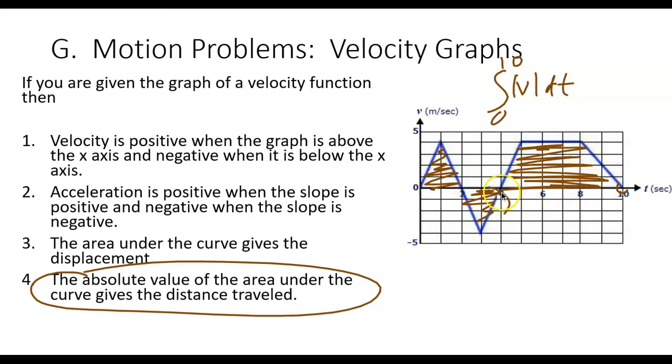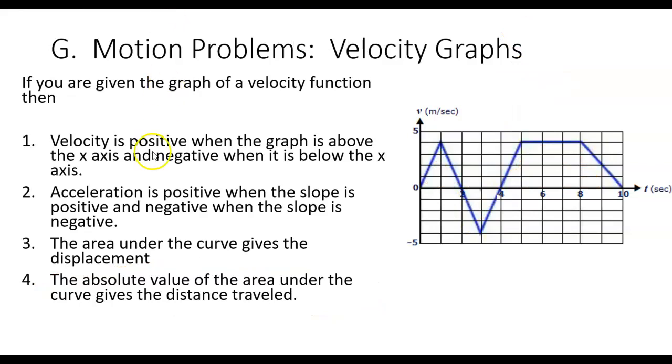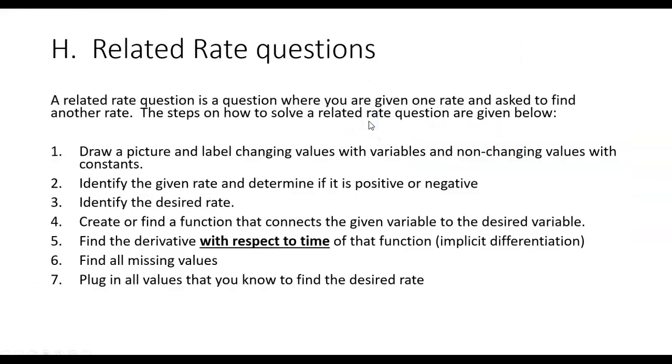And just make sure that when you do it, you don't make this negative, even though it is below the x-axis, because we are doing absolute value, which is distance. So you just make them all positive. So that's how you can find distance and displacement, acceleration and velocity when you have a graph of a velocity function. Okay? All right, next topic.